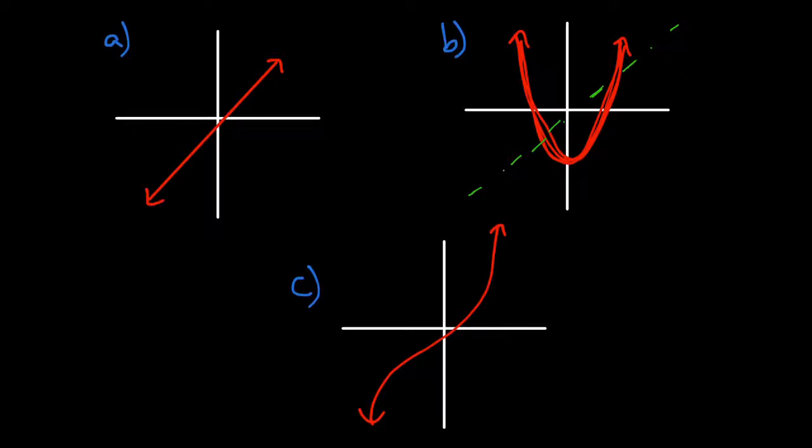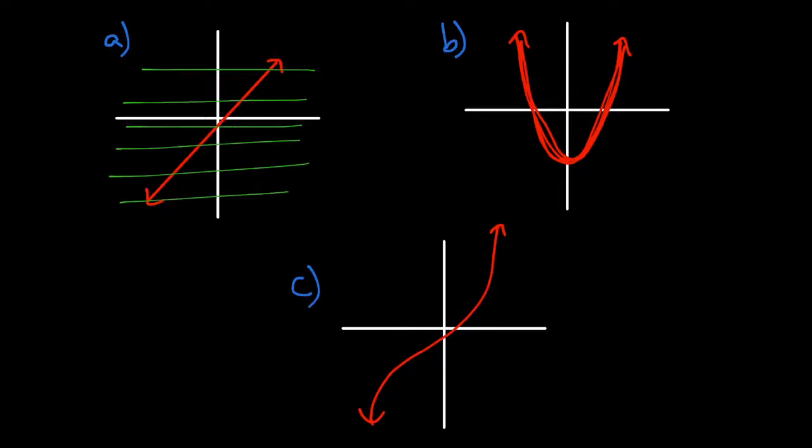So that's what the inverse function there would look like. For the horizontal line test, we pass a horizontal line across the entire function, and if it hits only one point at a time, that tells us that the inverse would be a function.